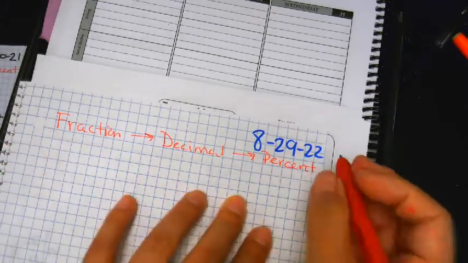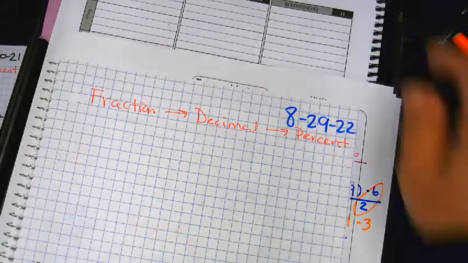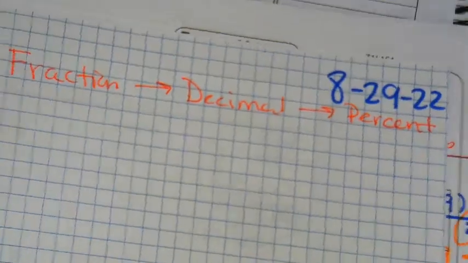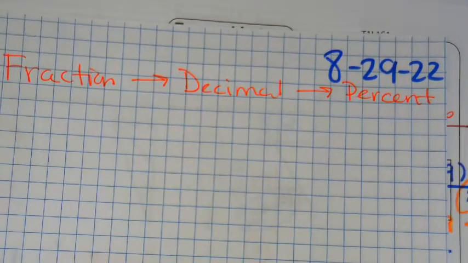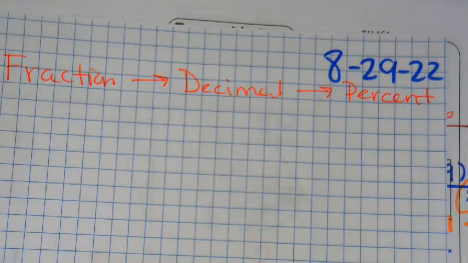Fraction, decimal, percent. Let's zoom that in. You did learn this in 6th grade, so this should just be a continuation of what you learned in 6th grade. All right.